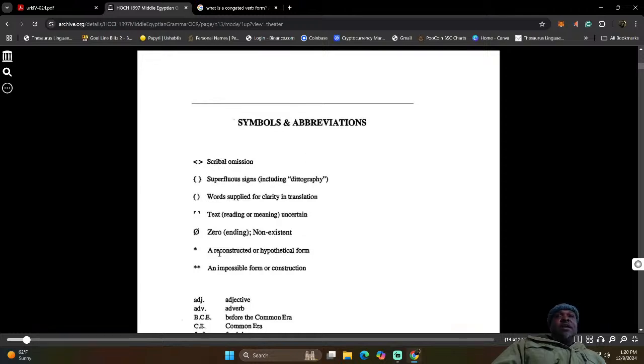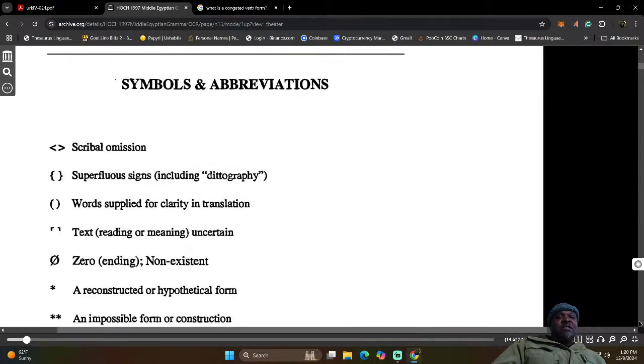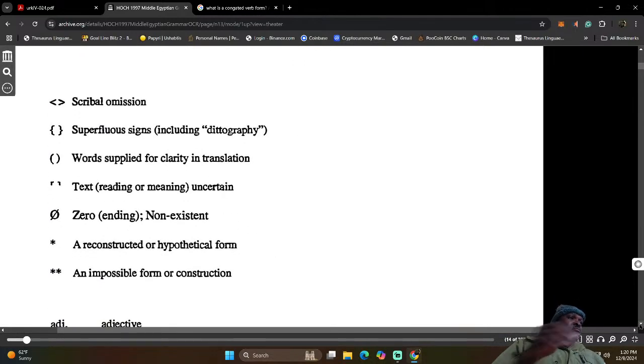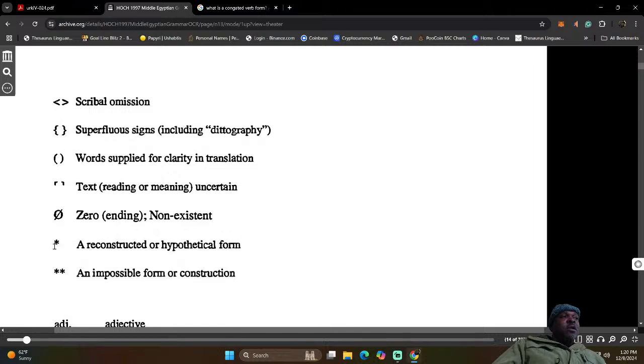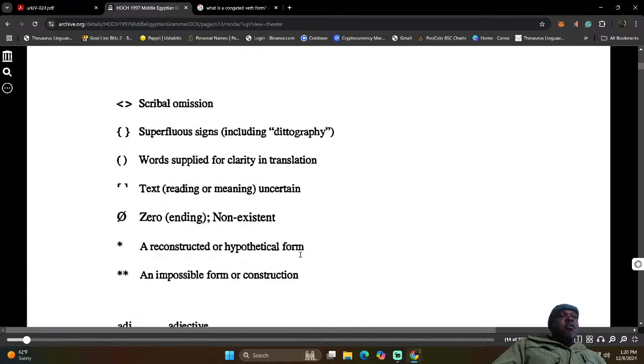So I always think it's very good to look at the symbols and abbreviations before we get into a manuscript. One thing we often miss in texts like this is this one little star right here, which is a reconstruction or a hypothetical form. But if you see the two dots, it is an impossible form or construction.